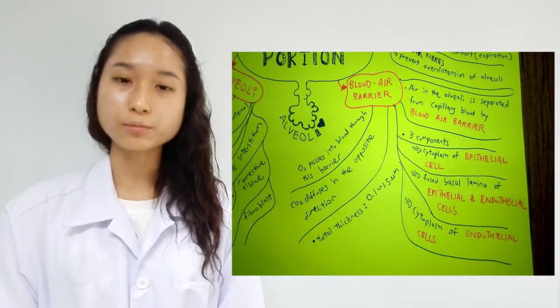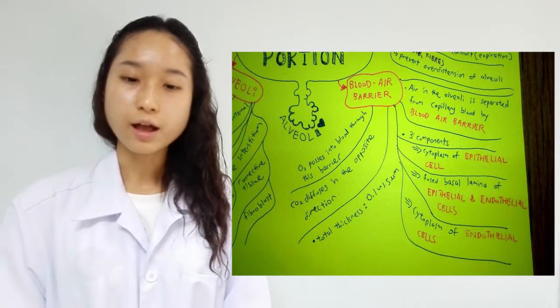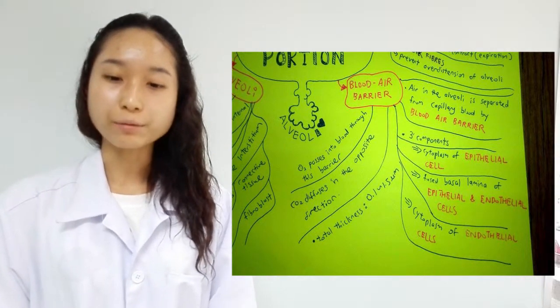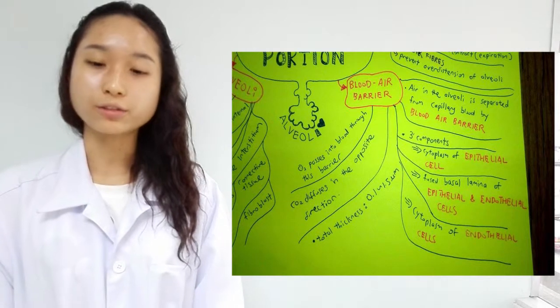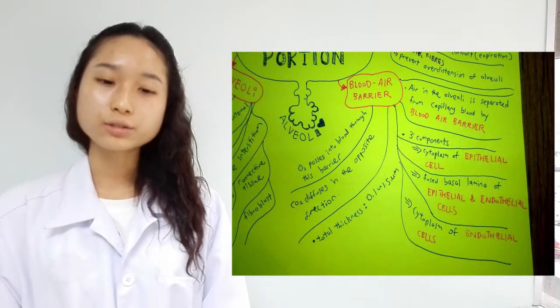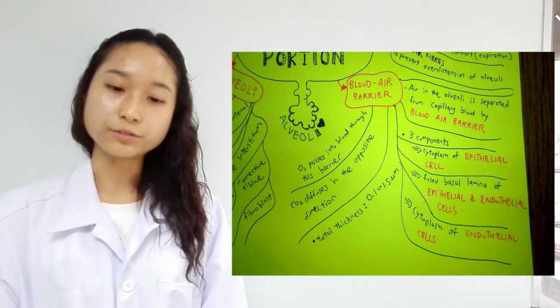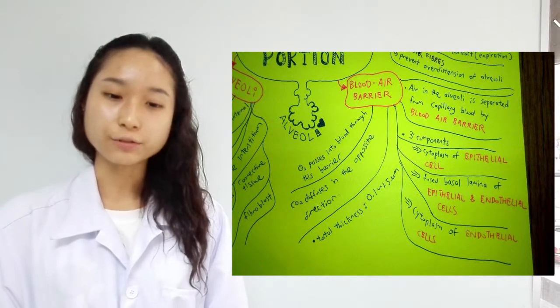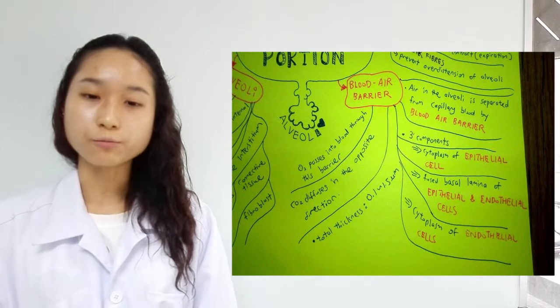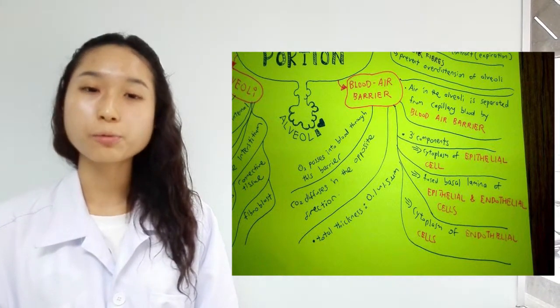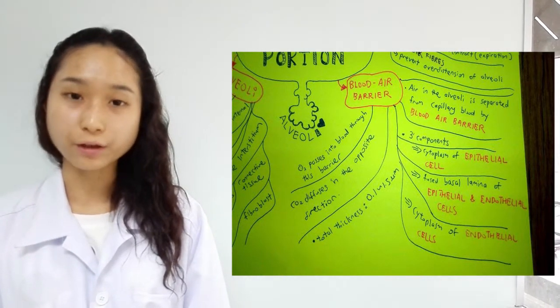Three components make up the blood-air barrier: the cytoplasm of the epithelial cell, the fused basal lamina of epithelial and endothelial cells, and the cytoplasm of endothelial cells. Oxygen passes into blood through this barrier, while carbon dioxide diffuses in the opposite direction. The total thickness of the blood-air barrier is about 0.1 to 1.5 micrometers.